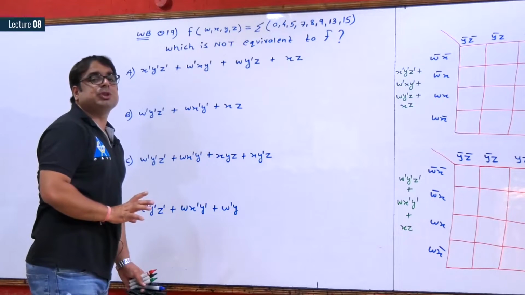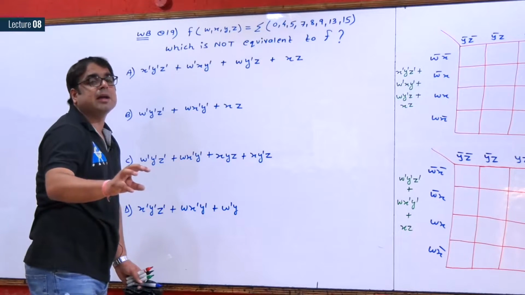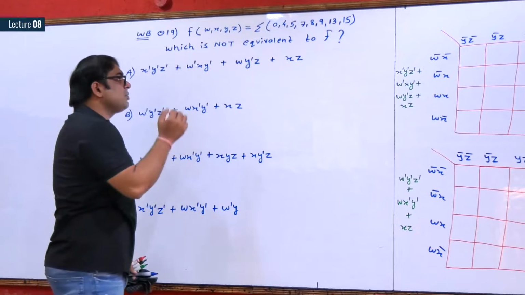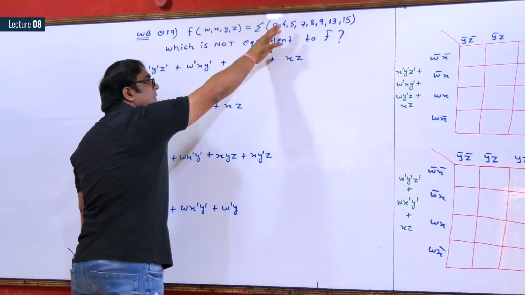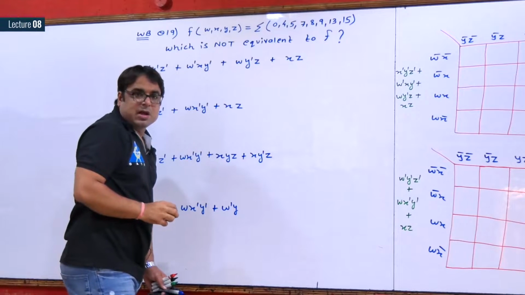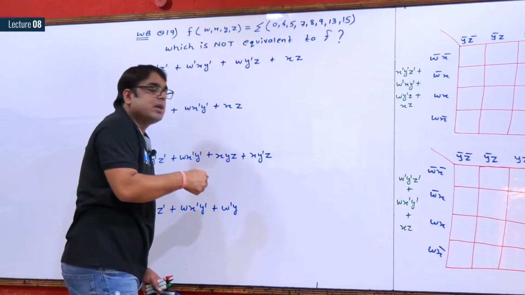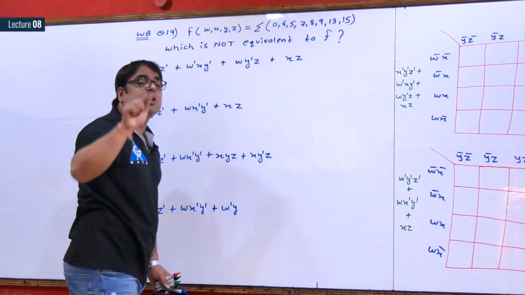For these types of questions, the best method is min terms matching. It is not practical to draw a K-map of function f and then try to match options. It will be very difficult because three answers will be equivalent to f and only one will not be equivalent to f.